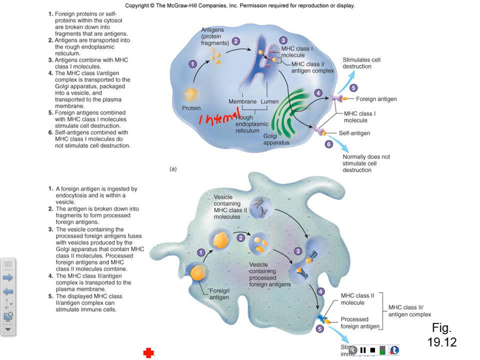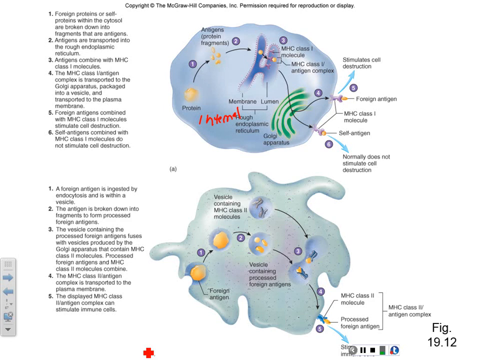Then it goes into the Golgi body. We all know about the functions of these organelles, right? So what does the endoplasmic reticulum, the Golgi body do? It will take that MHC1 antigen complex and bag it into a vesicle, right?